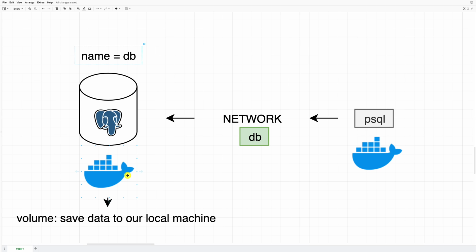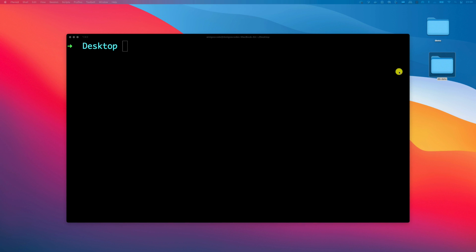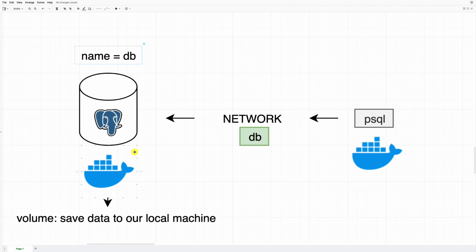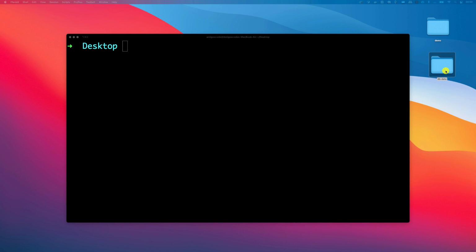So if we insert some students, then we want to store the state in this folder so that if this container, for example, dies, we can bring another container and just reuse the exact same data by mounting this folder right here.